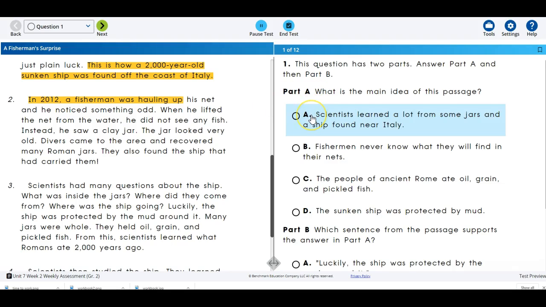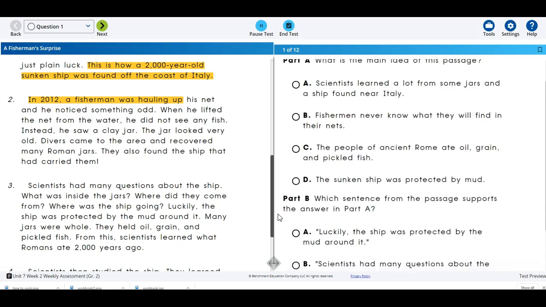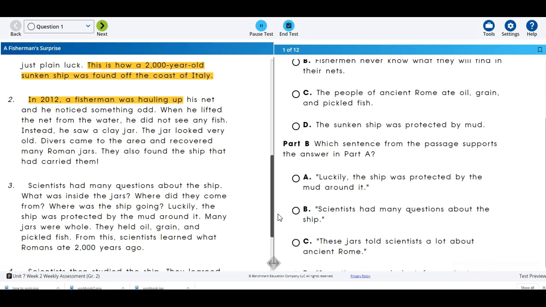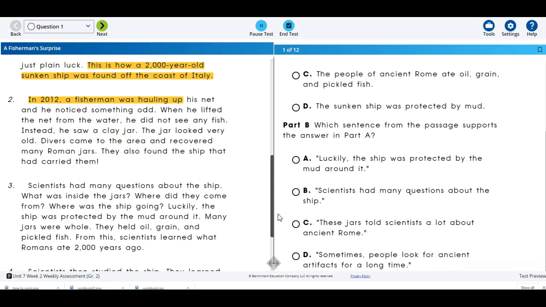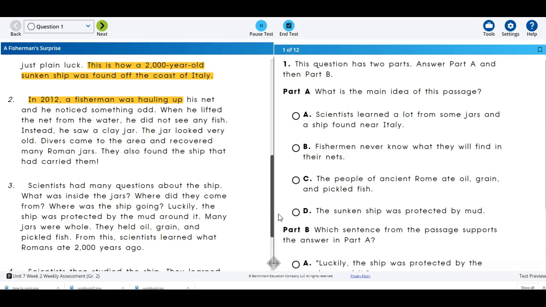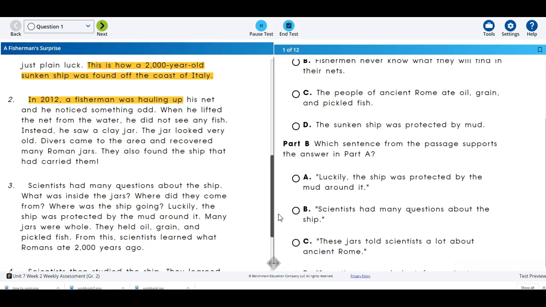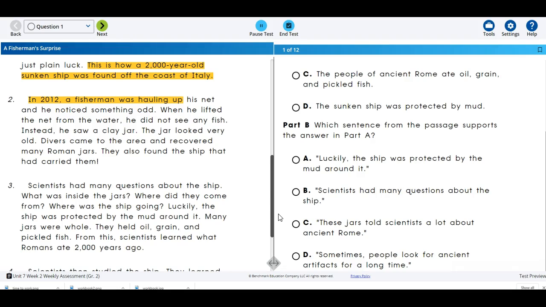After you find out what the story is mostly about, make sure you've read all choices and you've proven your response with text evidence. When you have that support, go ahead and mark your response. Part B should be supporting Part A. Okay, so whatever you marked for Part A, Part B should make sense with it. Make sure you check your work before you go on.